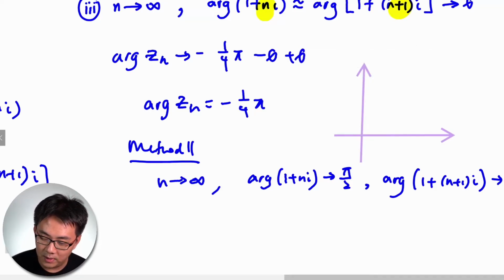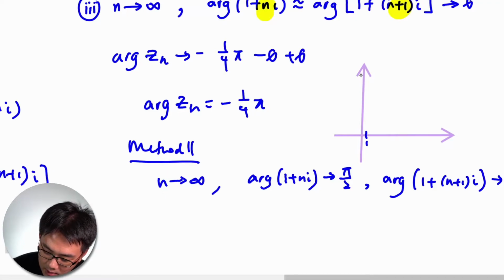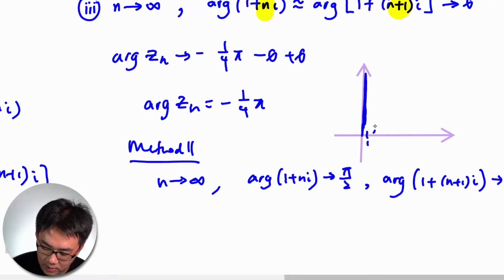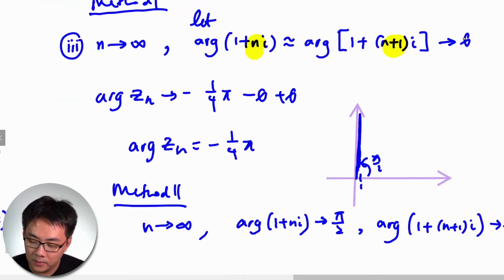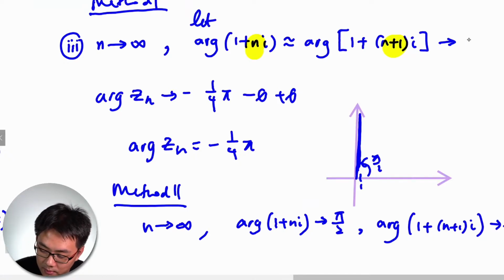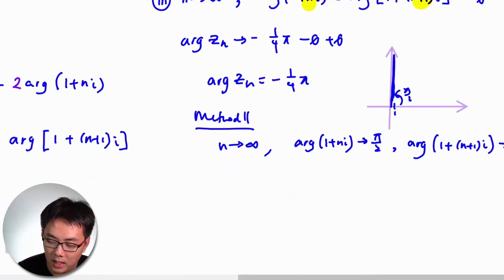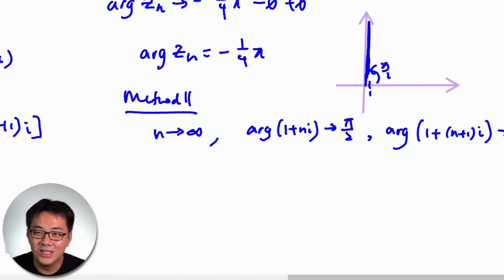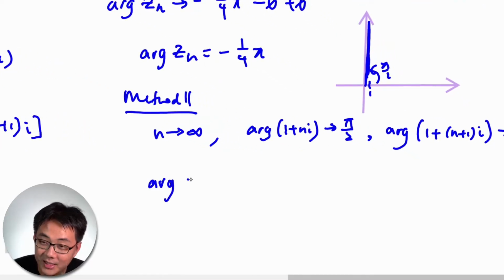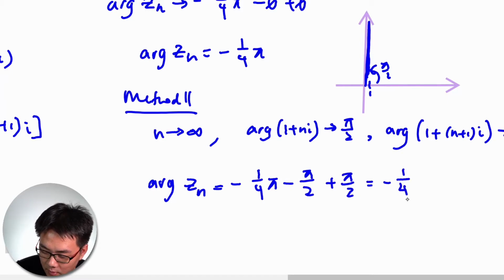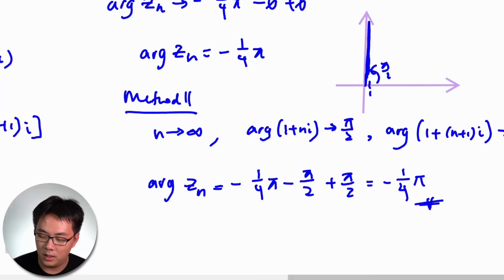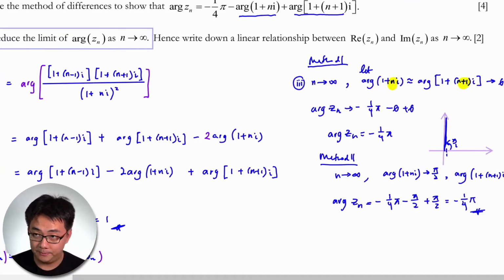You draw the line, it will just be pi over 2. So this theta will be pi over 2 as well. It's the same concept, just approached slightly differently. Argument Zn will become minus 1 over 4 pi minus pi over 2 plus pi over 2, which is just minus 1 over 4 pi. Okay, that is your first part.